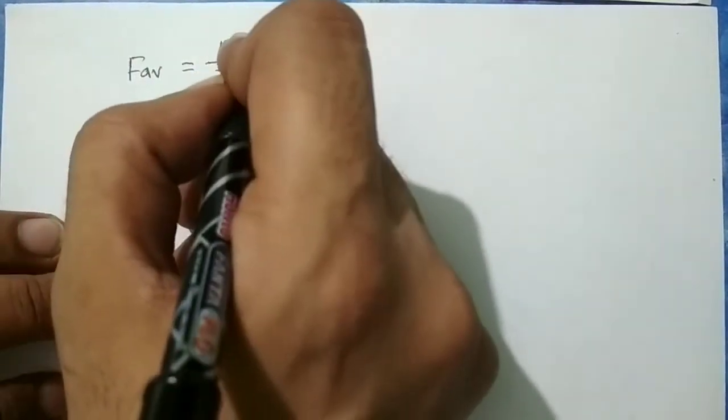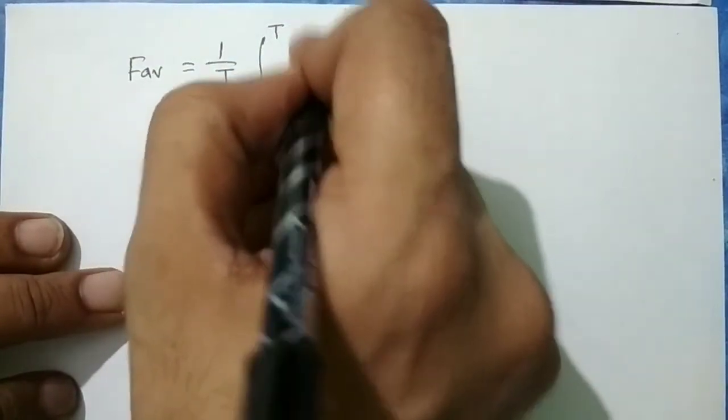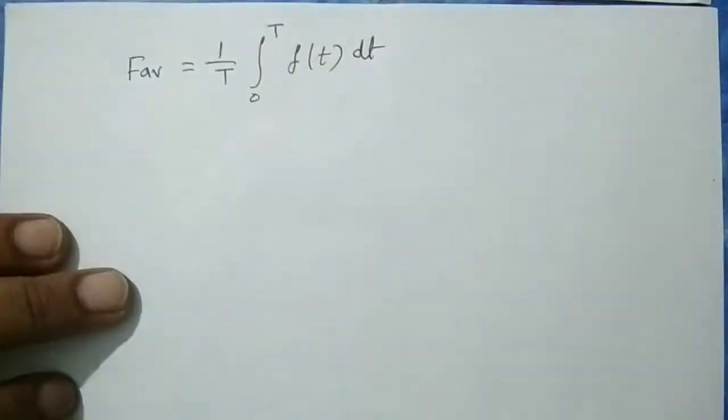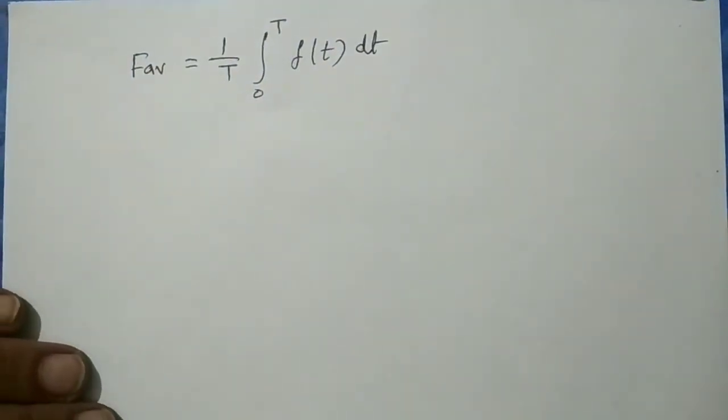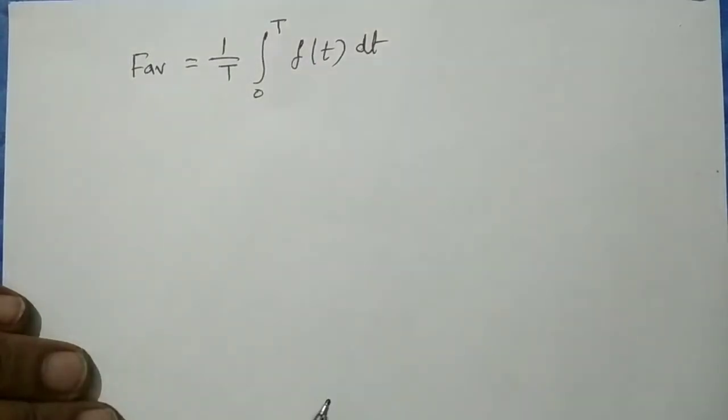It will be equal to 1 upon T integral 0 to T of f(t) with respect to dt. So whatever may be the shape or type of the waveform, we can apply this formula to calculate the average value.